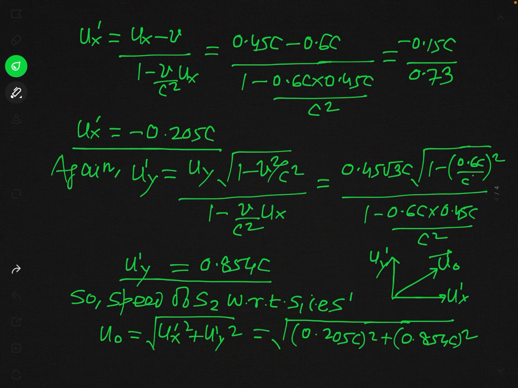After simplification, you will find that u naught is equal to 0.87c. So this is the speed of spaceship S2 with respect to spaceship S1, which was to be found in this problem.